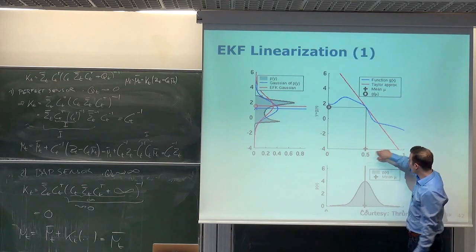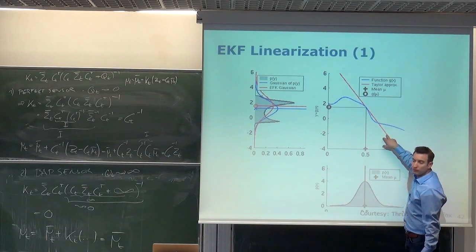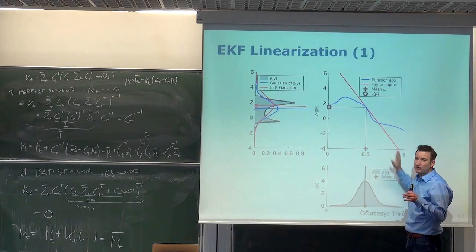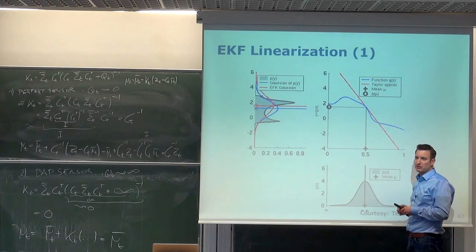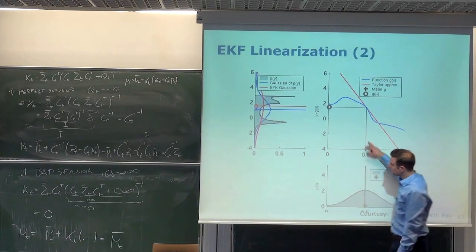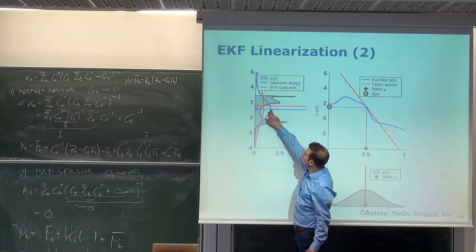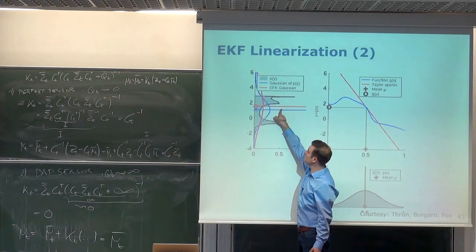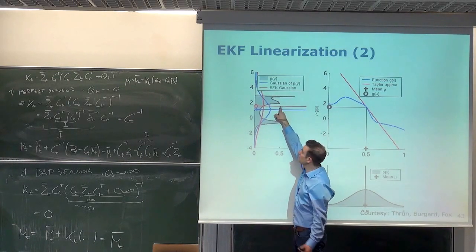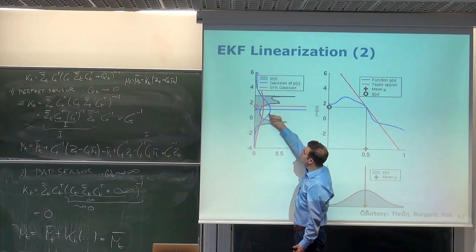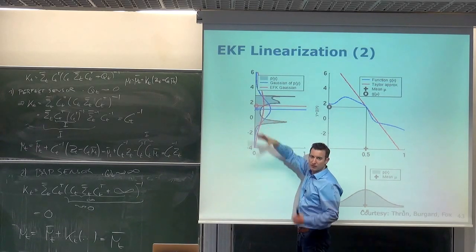This means more values will be mapped through the linear function further away from the linearization point, which is likely to be worse from the approximation point of view. So if I do this, the difference between the real Gaussian approximation of this function and what the Kalman filter, or the Taylor approximation, would estimate will increase. The difference between the blue and the red curve increases.